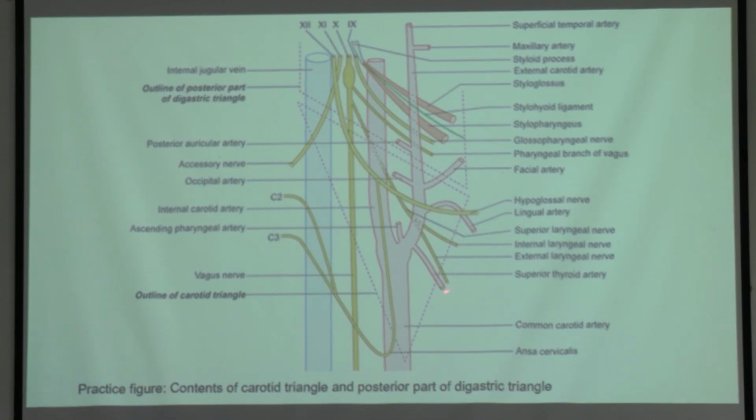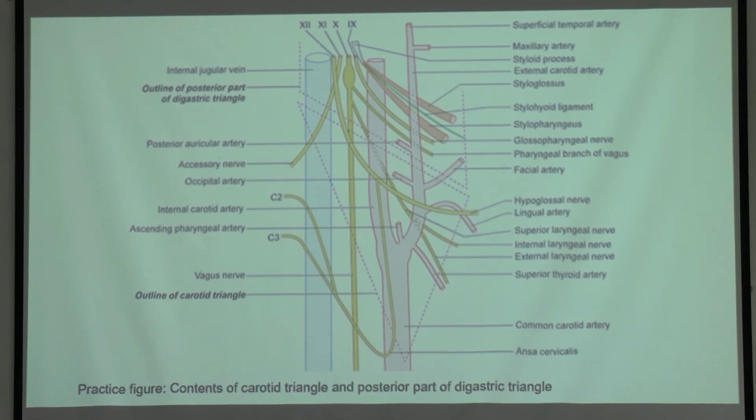This branch is going to supply the thyroid gland from above, so it is called the superior thyroid artery. This one, coming from the posterior part of the external carotid, is called the ascending pharyngeal artery, and it supplies the pharynx. So there are several branches of the external carotid artery which we can detect in the carotid triangle.